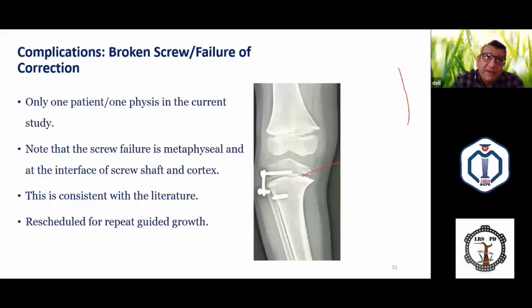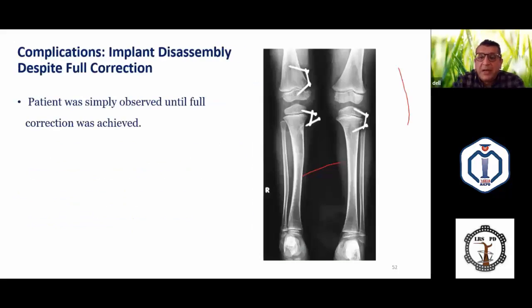Screw breakage, for whatever reasons, is almost exclusively metaphyseal and not at the screw head, but at the junction of the cortex and the shaft of the screw. And that's typical to the literature. We got the same finding here. This has to be redone. This is an example of redo of guided growth.